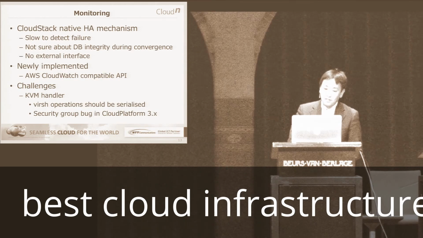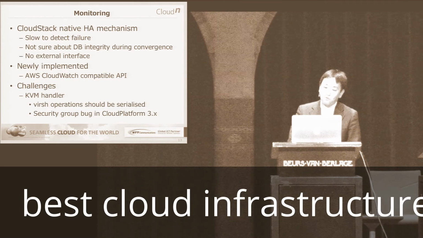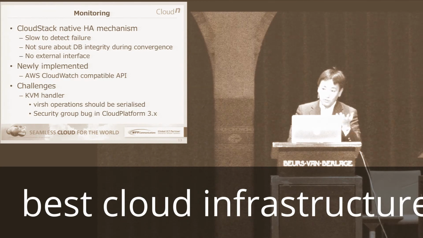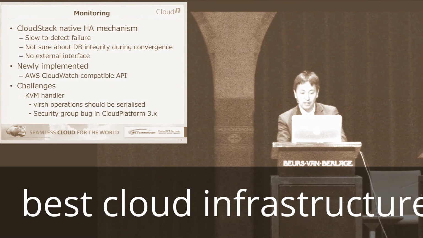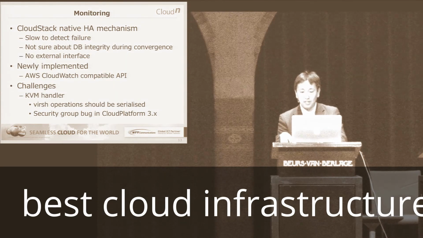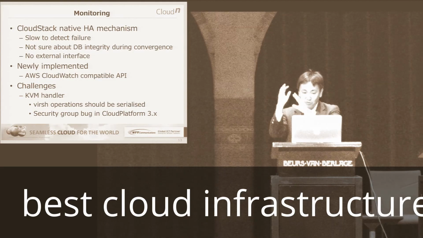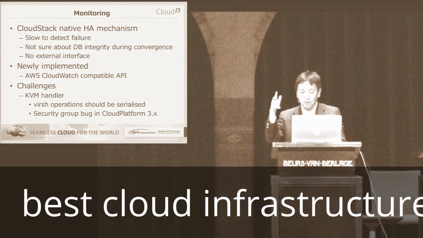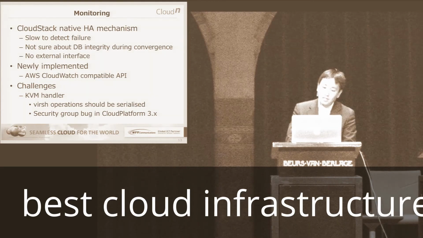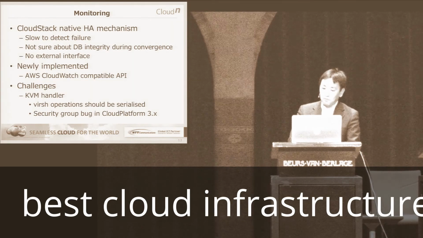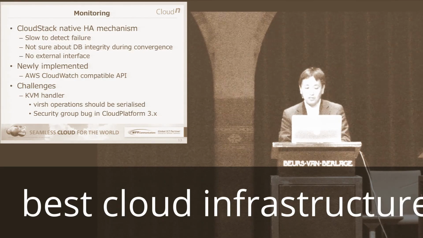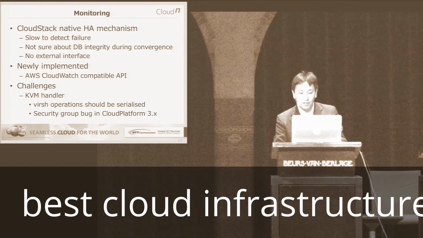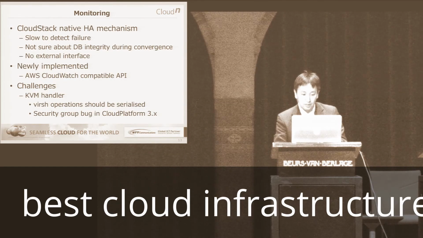And when we have some HA working situation, like, for example, a power problem in some rack or some failure of multiple servers, it took time to have some stable configuration. And during the convergence time, we were not sure about the integrity of the server availability in the database.